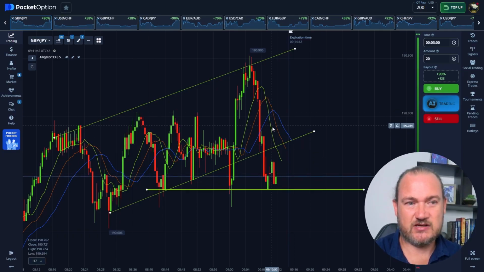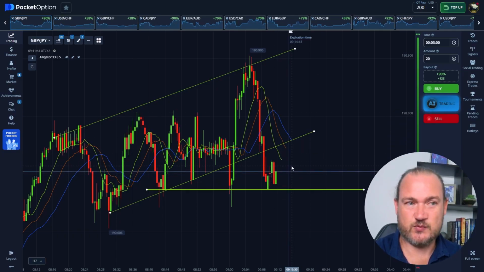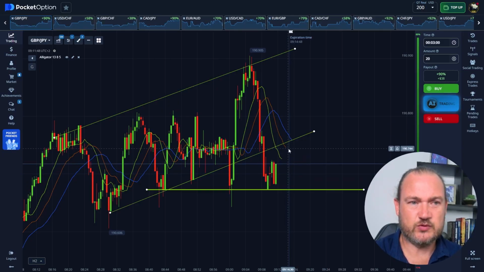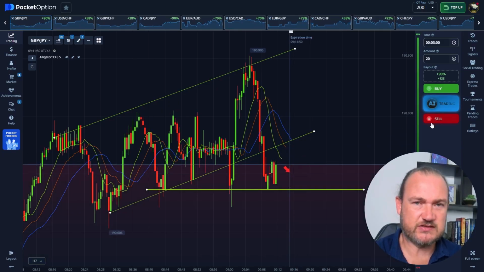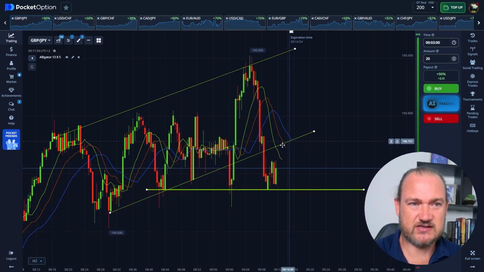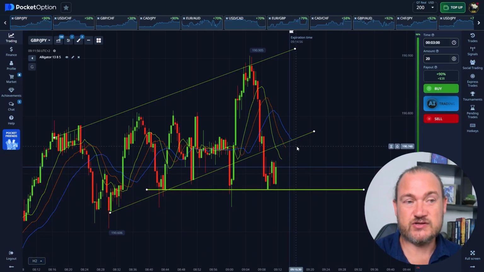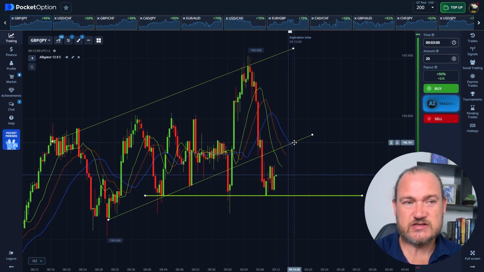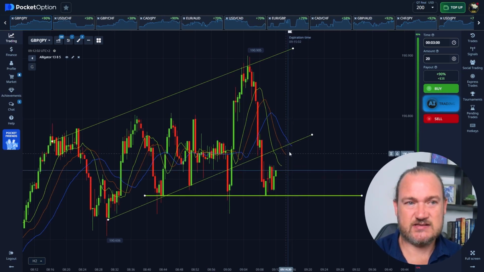We can see how aggressively the alligator is opening up to the downside, and we should see a continuation of price in the downwards direction. We just need to see if it wants to retest this area first. Also interesting, this trend line now acts as resistance.